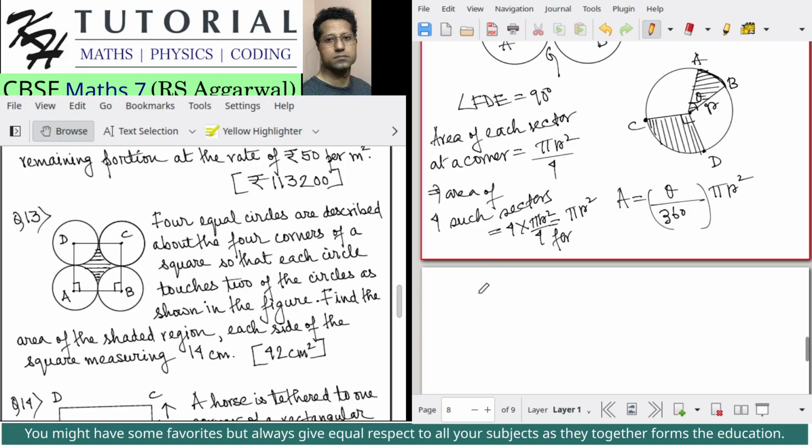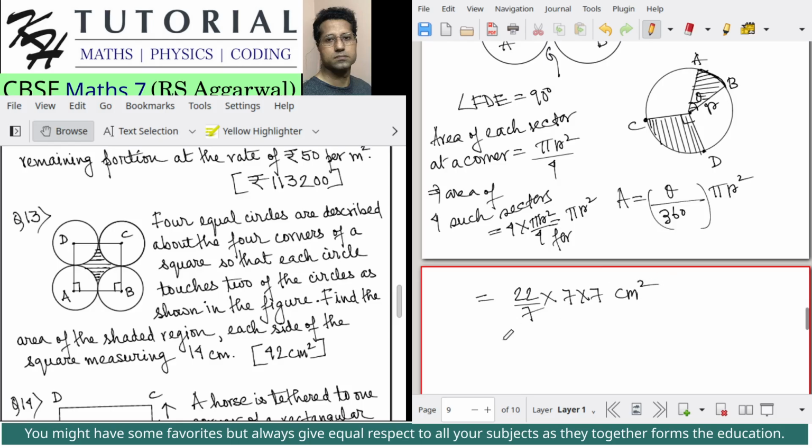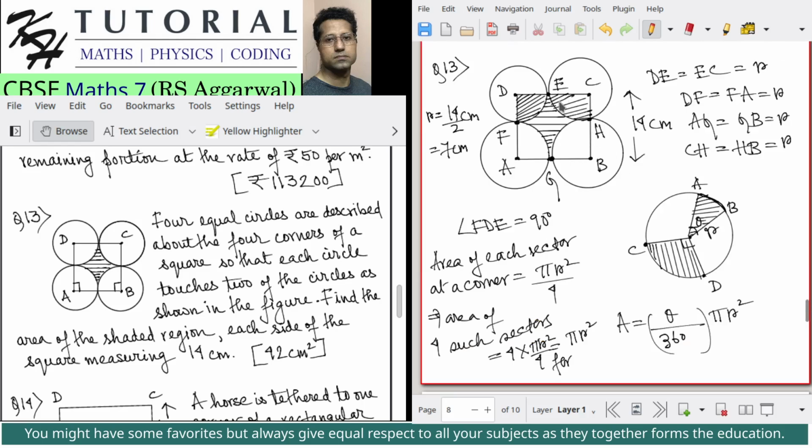Now pi is 22 by 7 and r is 7. So 22 by 7 into 7 into 7 centimeter squared, which is equal to 154 centimeter squared.